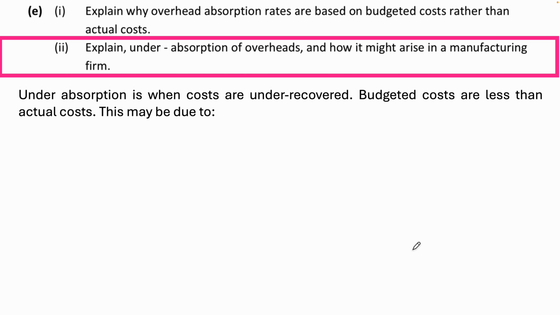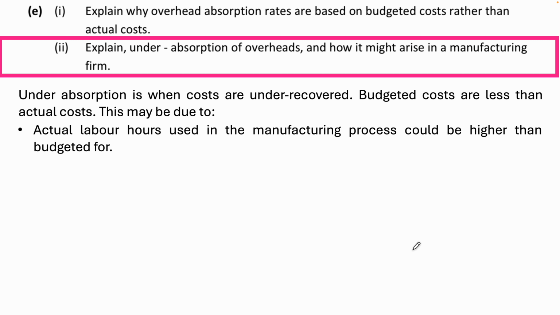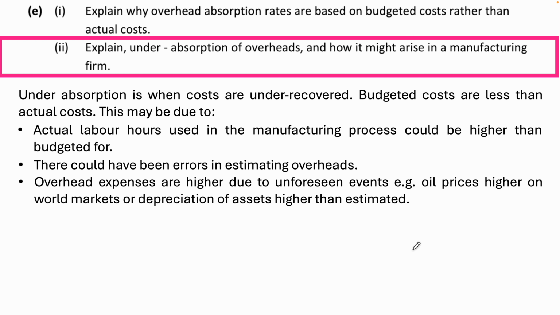Okay. So under-absorption is when costs are under-recovered. Budgeted costs are less than actual costs. This may be due to actual labour hours used in the manufacturing process being higher than budgeted for. There could have been errors in estimating overheads.